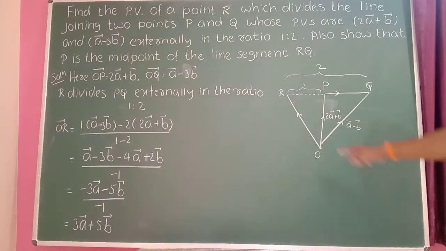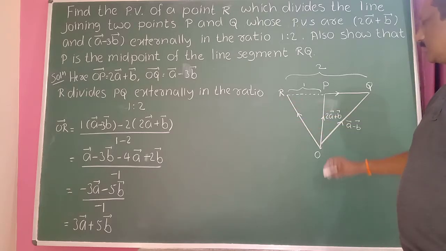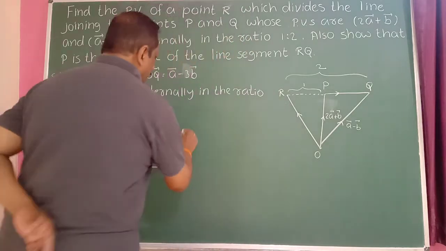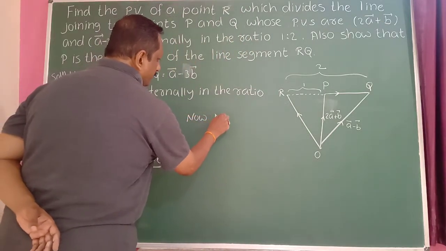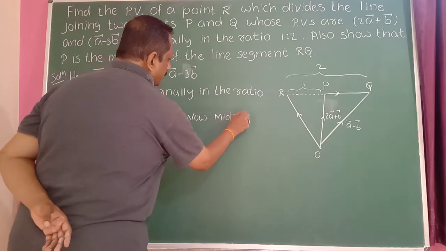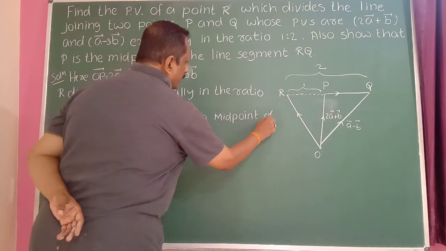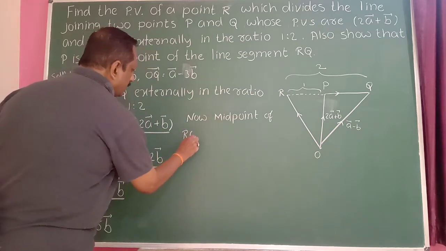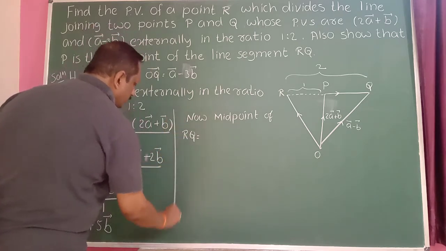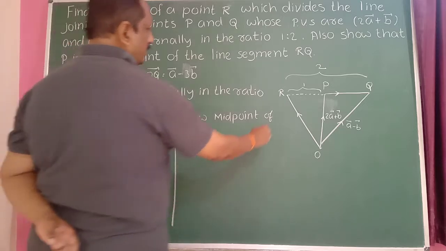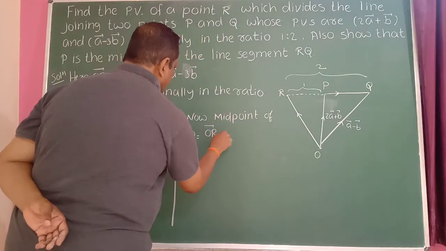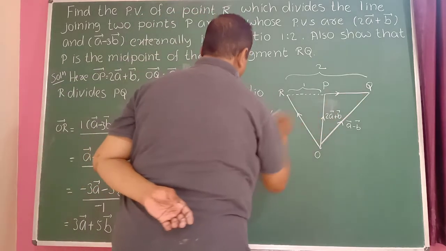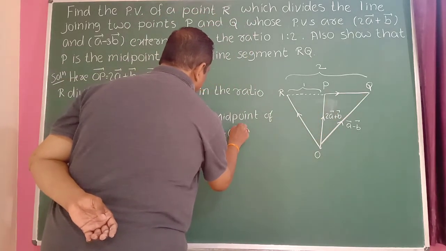Okay, this is the position vector of the point R. And also prove that P is the midpoint of RQ. So the midpoint of RQ is equal to the position vector of the point R, OR̅, plus the position vector of the point Q, OQ̅, divided by 2.